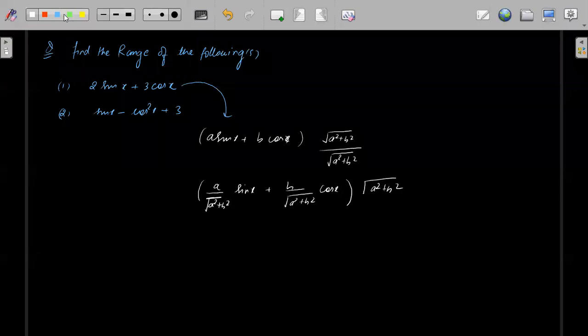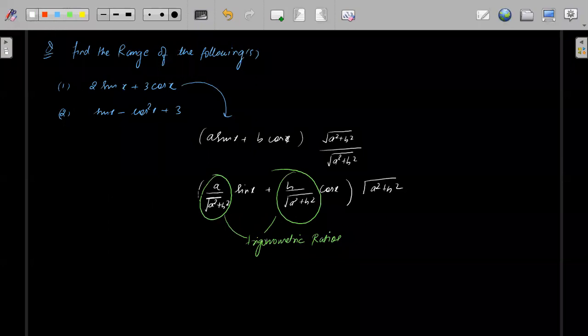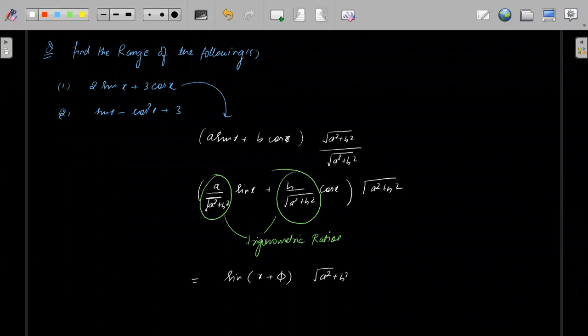To convert these two things into trigonometric ratios. If we can convert this into trigonometric ratios, then we can directly convert the whole thing into a single trigonometric function, right? So this will become, suppose, sine of x plus phi, into root of a square plus b square, right?